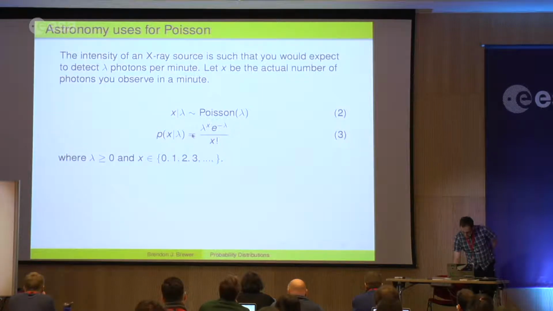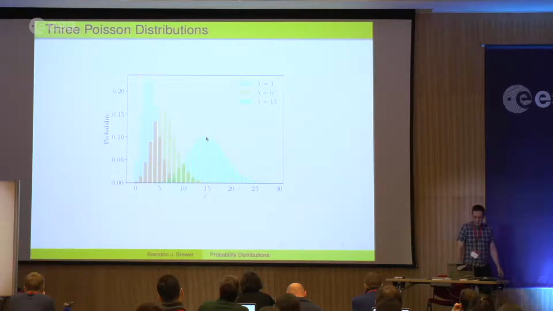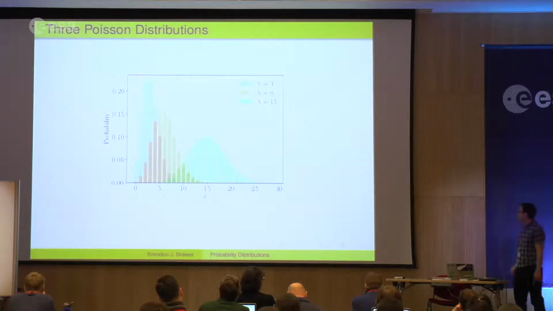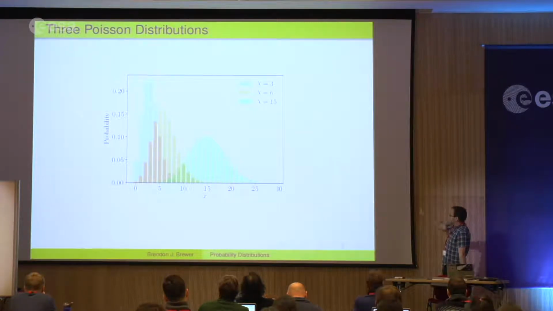The equation for the distribution is this. So I'm using here the simple notation, and that's the formula for it. And what it looks like is something like one of these three densities, one of these three distributions. These are three Poisson distributions with different values of lambda.